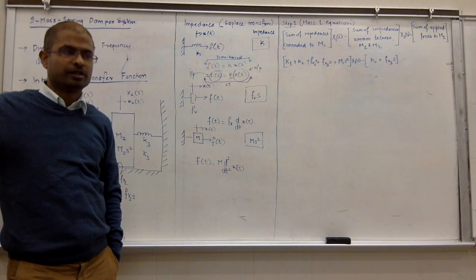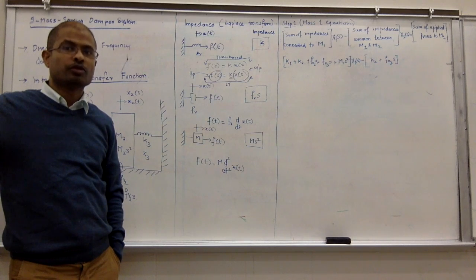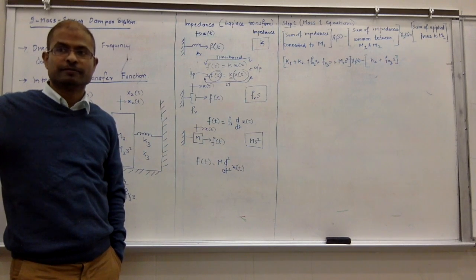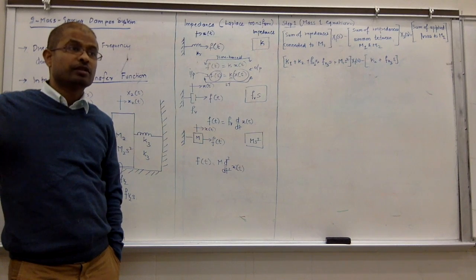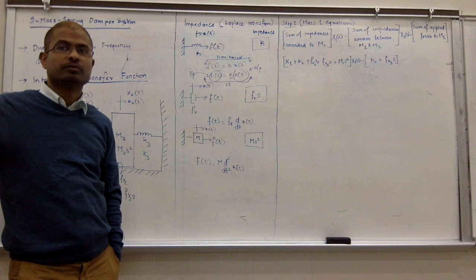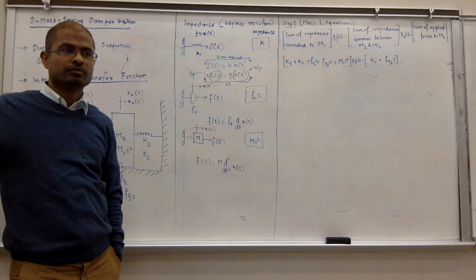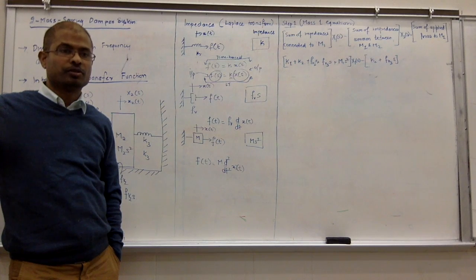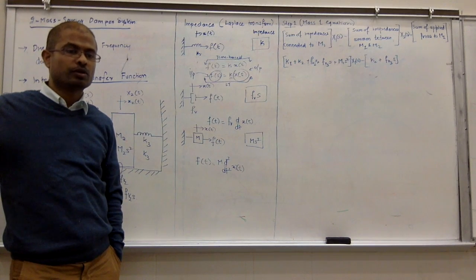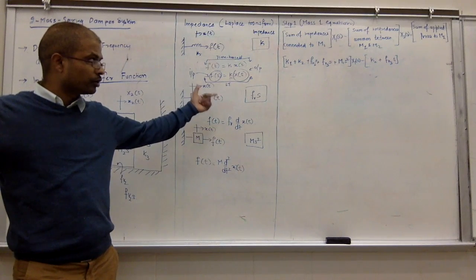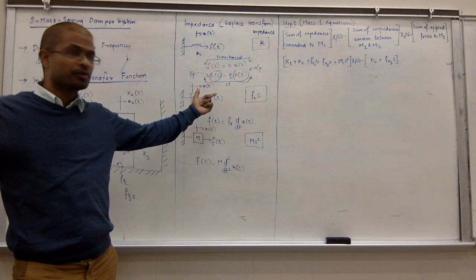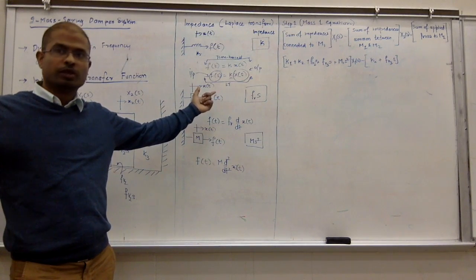It's dynamics. I told you what an equation of motion is. It's an input-output relationship of a system. When you do a differential equation, you are also deriving the input-output relationship. So here we are deriving the input-output relationship in terms of frequency domain.